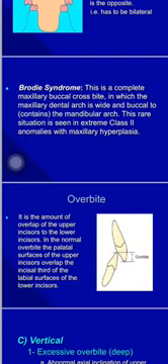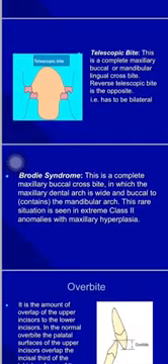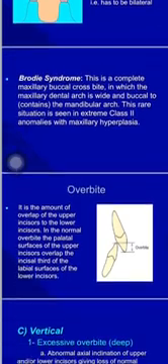This rare situation is seen in the extreme class 2 anomalies with the maxillary hyperplasia. في الكيسز اللي هي تكون typically class 2 anomalies with the maxillary hyperplasia، راح نشوفها التلسكوبيك بايت أو العلاقة ما بين الفك العلوي والفك السفلي من منطقة الأسنان الخلفية، وكما تلاحظون في الصورة جدا واضحة هذه العلاقة.